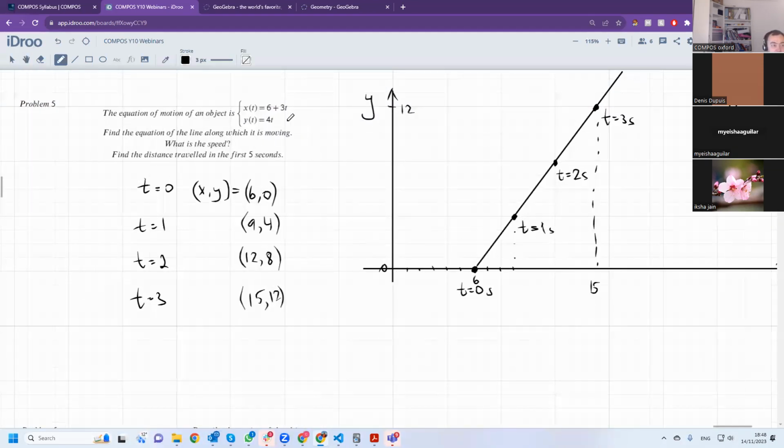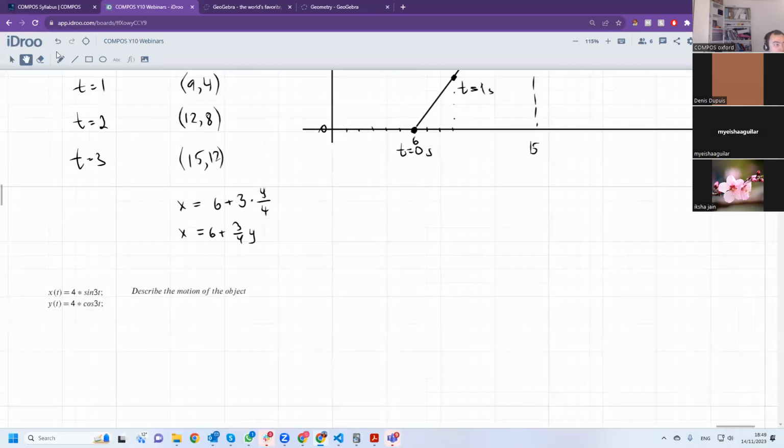What I'm going to do is make t the subject. So t is equal to y divided by 4. And I'm going to plug that into here. So x is equal to 6 plus 3 multiplied by y divided by 4. And this gives you x equals 6 plus 3/4 y.